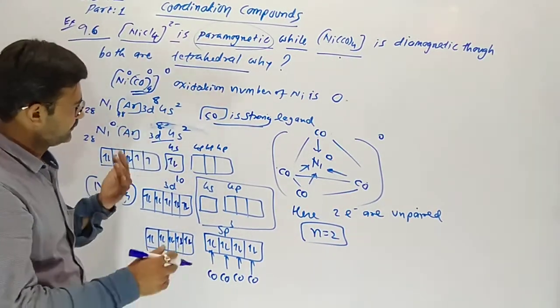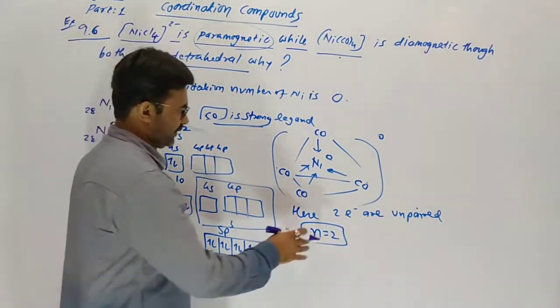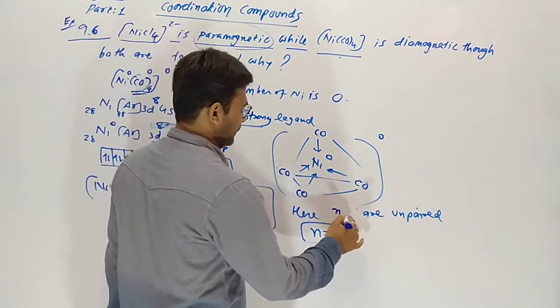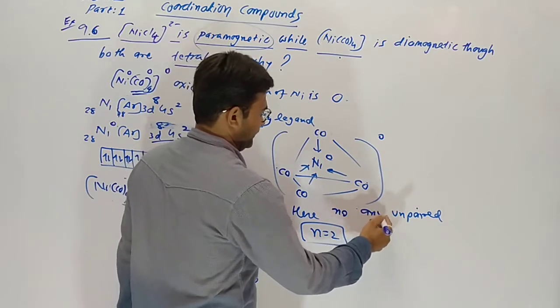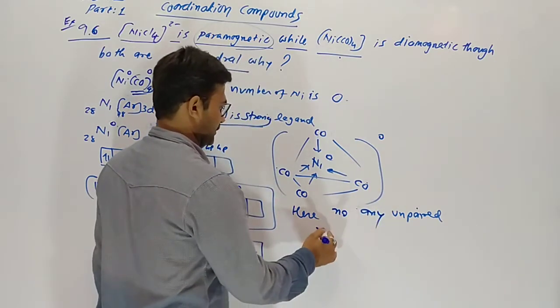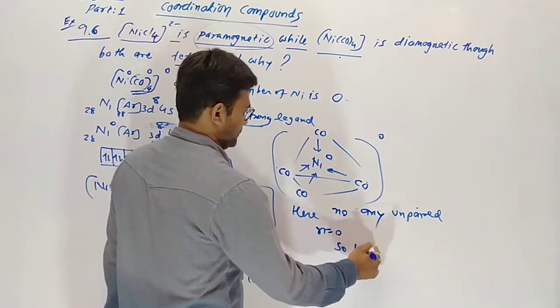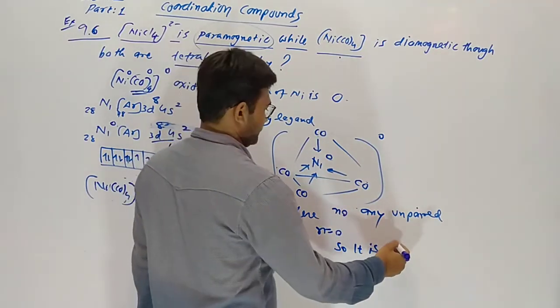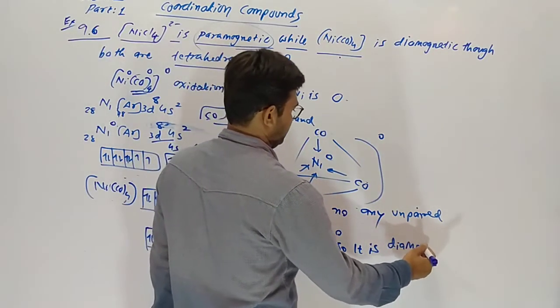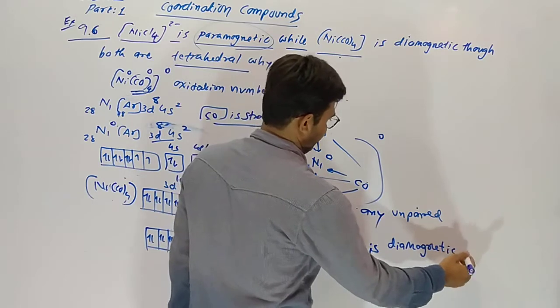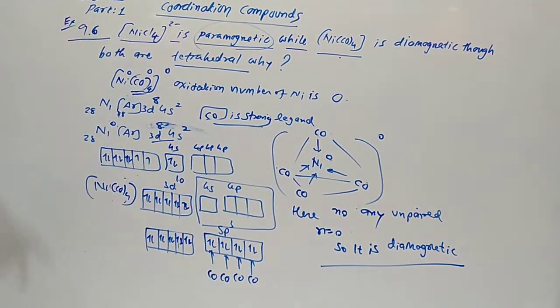Here not a single unpaired electron. Here no unpaired electrons. So it is diamagnetic by nature. This is our answer.